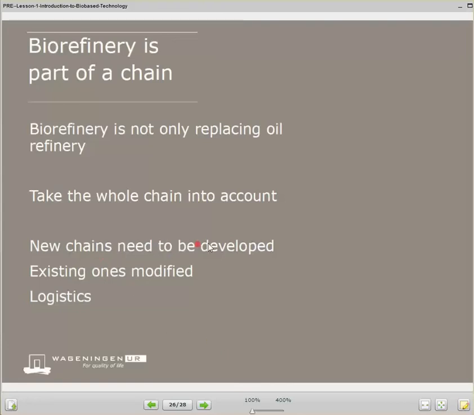New chains need to be developed, existing ones need to be modified, and of course there's logistics. And these are the common themes on bio-based research in the last few years and for the coming decades, I'm sure.